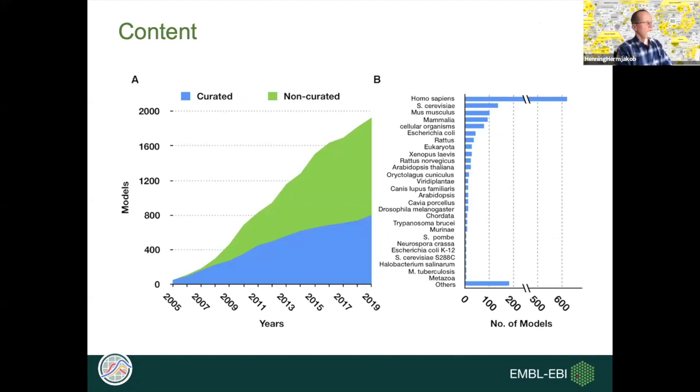So far, I've focused in this description on the curated section of BioModels. This is where the validated models are, which is here this blue area, which contains now just under 1,000 models. And we have another section, the non-curated section.